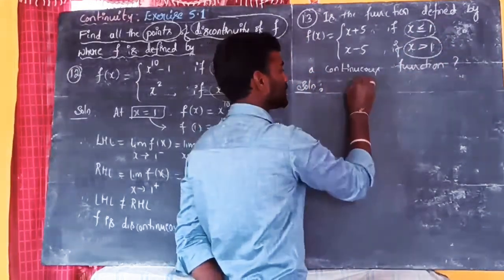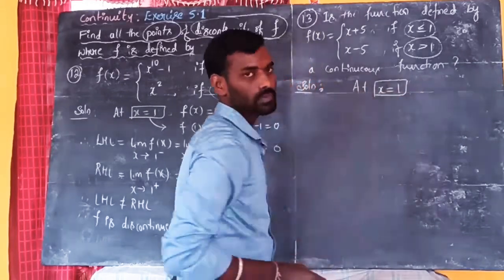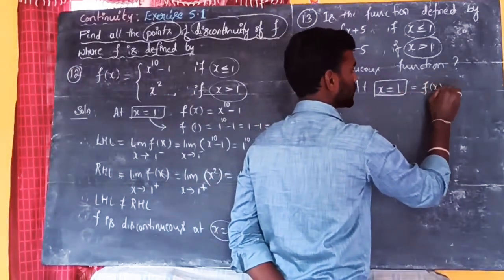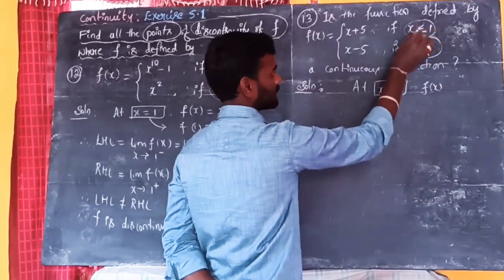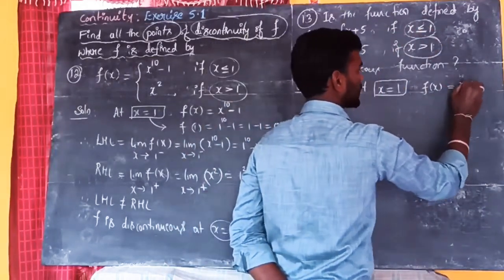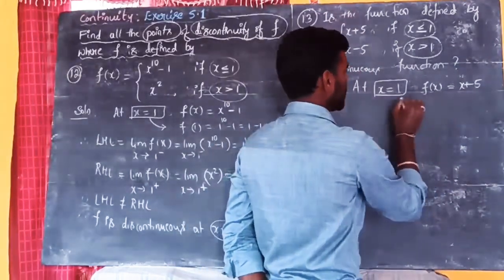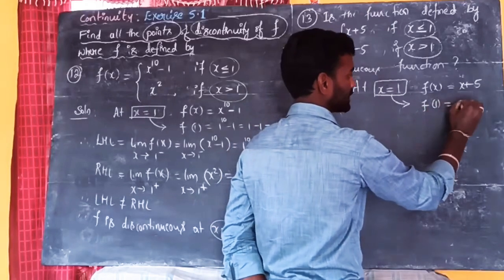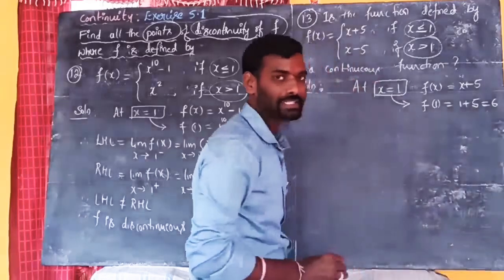So at x is equal to 1, this function is defined. At x is equal to 1, our function is x plus 5. So at x is equal to 1, f of 1 is equal to 1 plus 5, that is equal to 6.